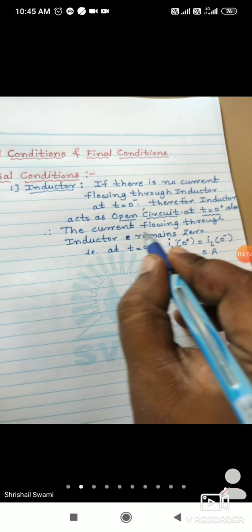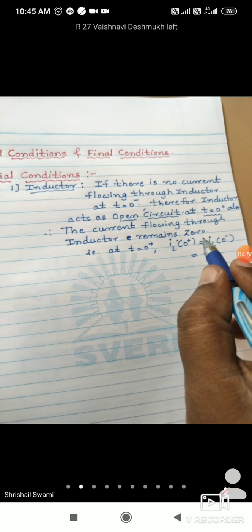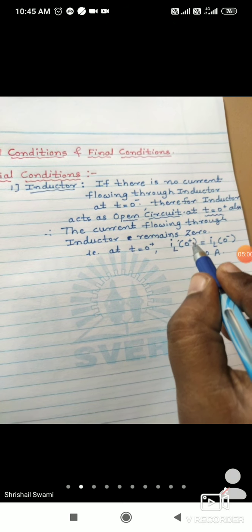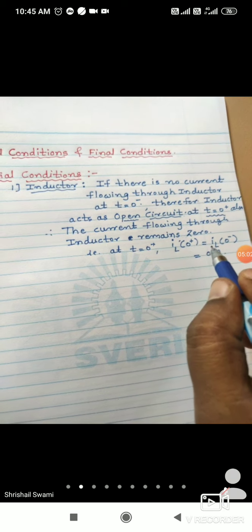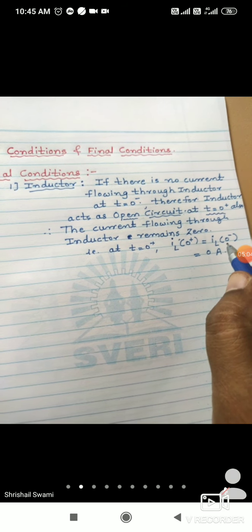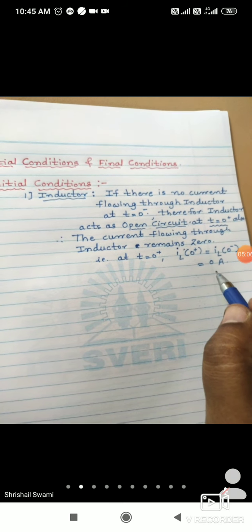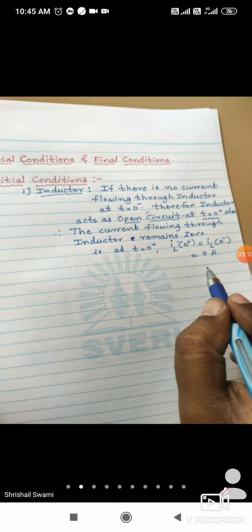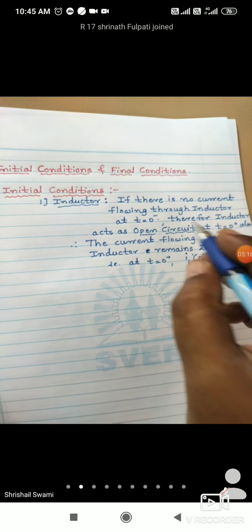Therefore the current flowing through the inductor remains 0, that is, the current at 0 plus is equal to the current at 0 minus, which is 0 ampere. So this will be the condition for the inductor when there is no current flowing through it at t equal to 0 minus. You have to show it as an open circuit.